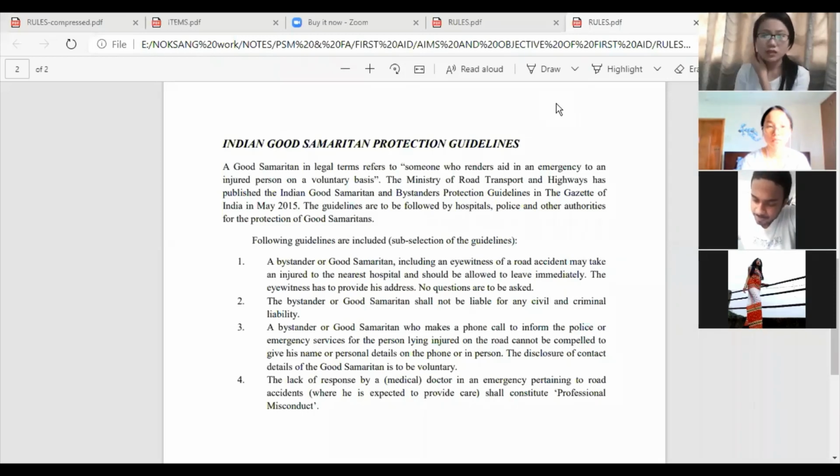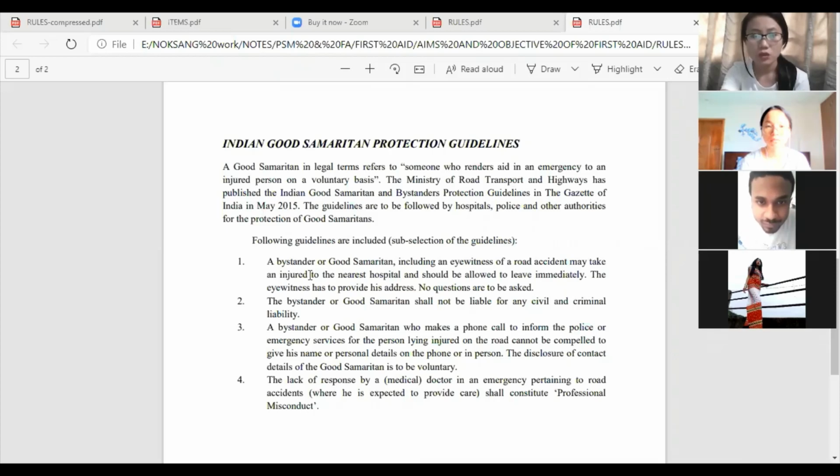This Good Samaritan and Protection Guidelines was published by the Ministry of Road Transport and Highways. These are important guidelines. It was started in India in May 2015.